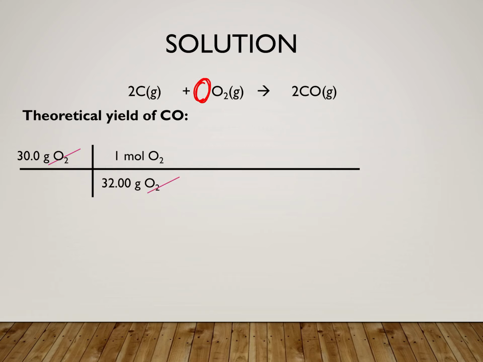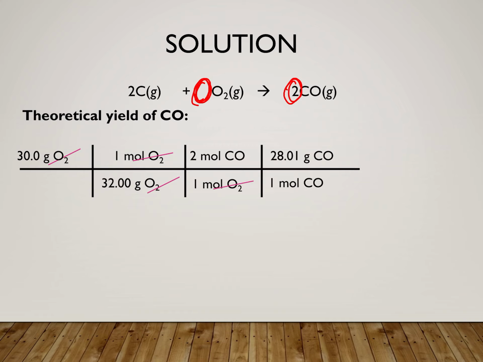So for every 1 mole of O2, we will get 2 moles of carbon monoxide. And then we can use the molar mass of carbon monoxide to go from moles of carbon monoxide to grams of carbon monoxide. And then we'll multiply the top, divide the bottom to figure out how many grams of carbon monoxide we get.